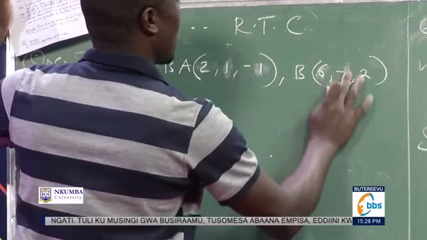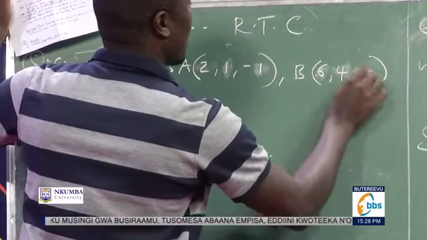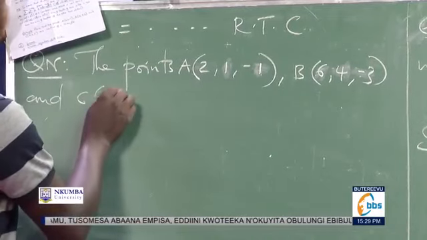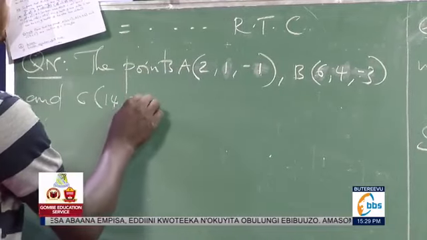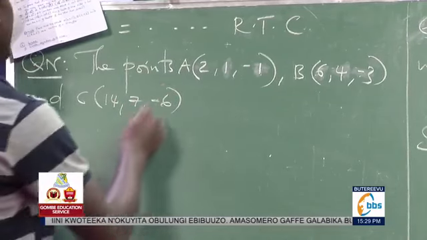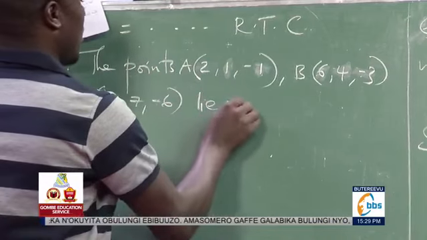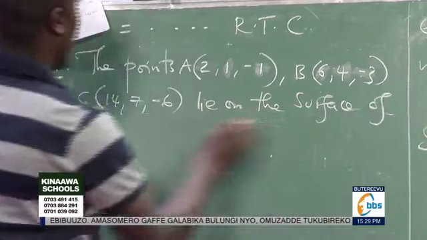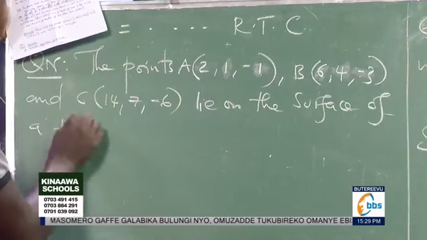Then 6, 4, -3, and C, which is 14, 7, negative 6, lie on the surface of a table.